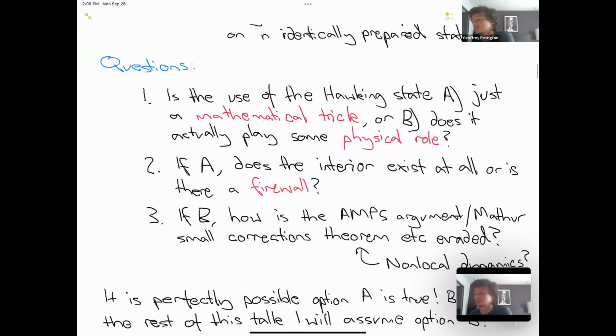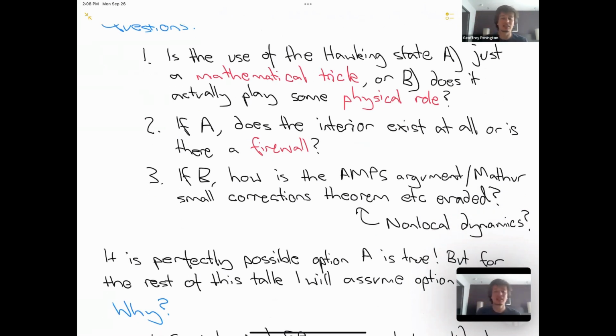So one response that people like Mathur have made is that secretly there must be some non-local dynamics going on here that we're putting into the system or that we're using. As I say, I don't think this is the answer. I very strongly don't think this is the answer, but that's one response people have made to, I think, a genuine confusion here, or a genuine thing that needs to be clarified.